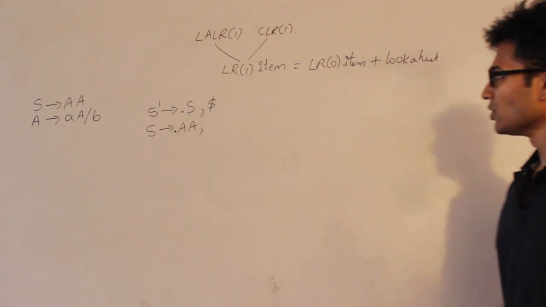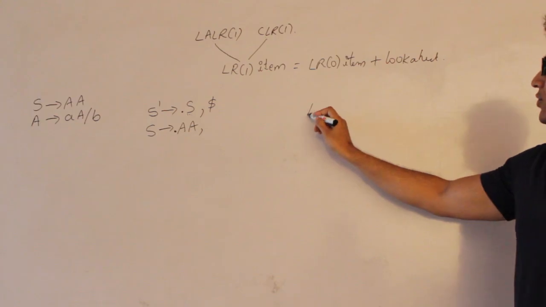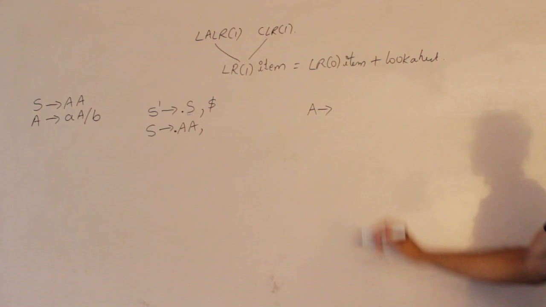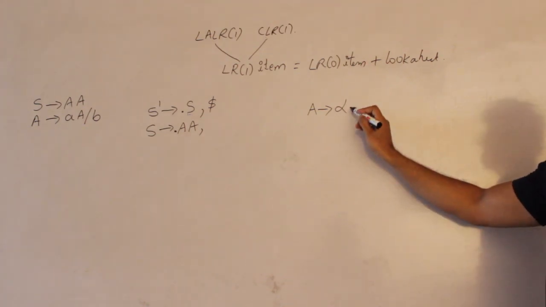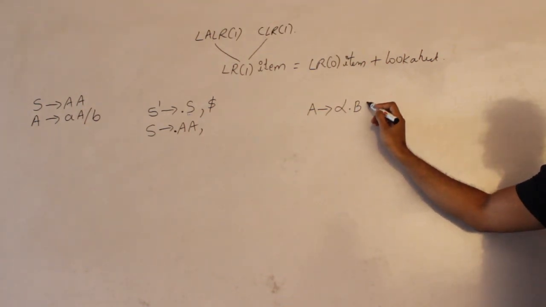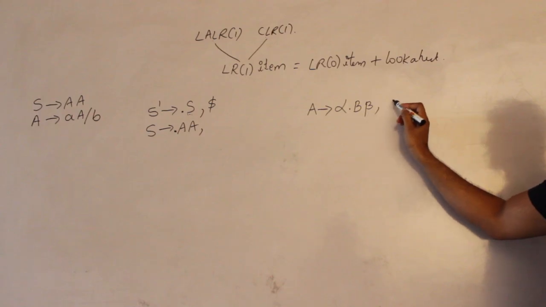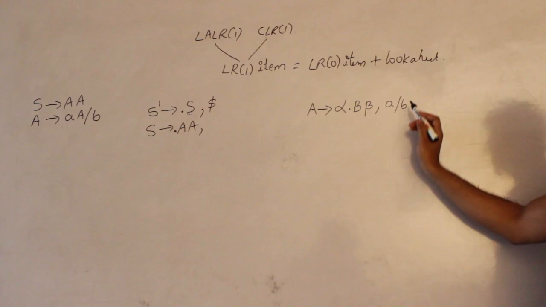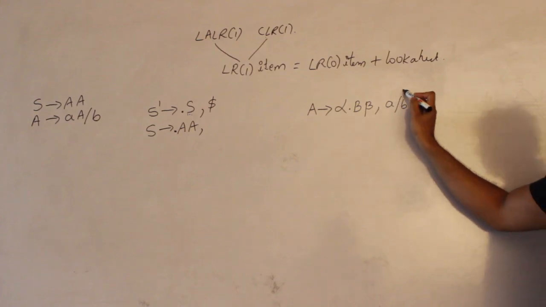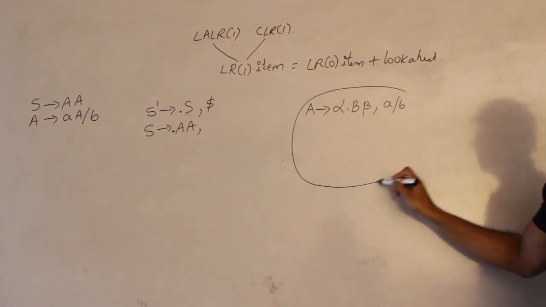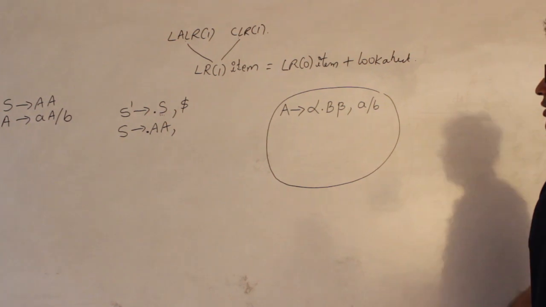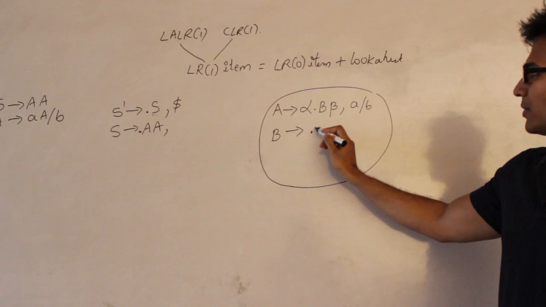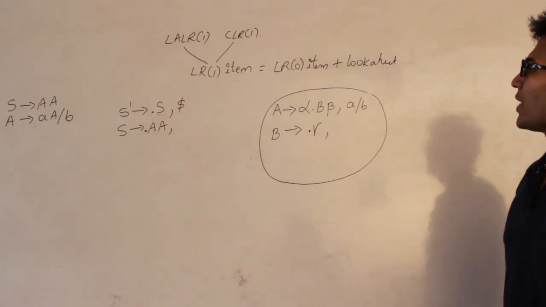I'll tell you the rule. In case you are going to do the closure for A derives alpha dot B beta comma, let us say a or b. If this is the production, and because of this LR1 item you are applying the closure, then you have to add all the B productions with dot in the beginning, and now you have to add the look ahead.